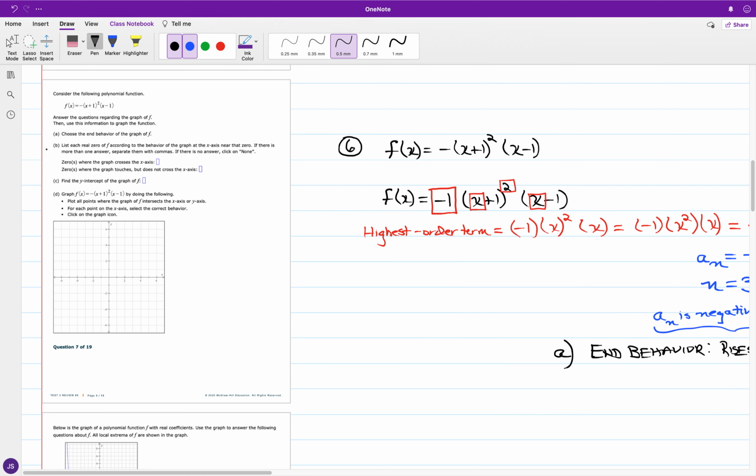For part B, it says to list each real zero according to the behavior of the graph, looking at where the graph crosses as well as touches the x-axis.